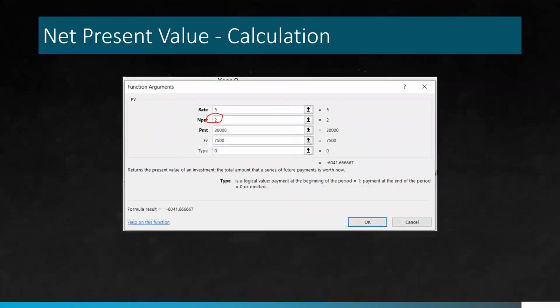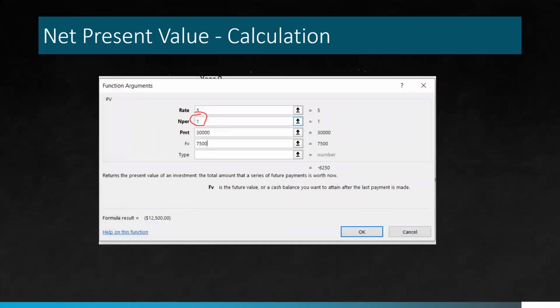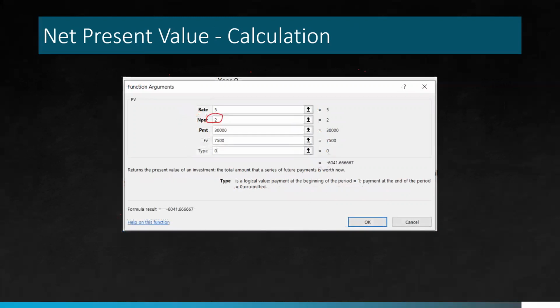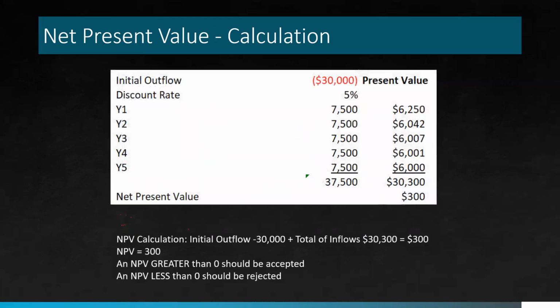Basically what this is doing is I want to find out the present value for year 1, then I change it to year 2, year 3, year 4, year 5, and so on. And then it will bring out this calculation to show that in year 1, that 7,500 is worth $6,250 today.